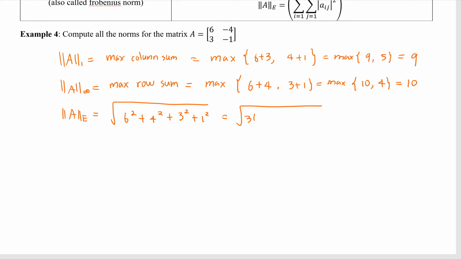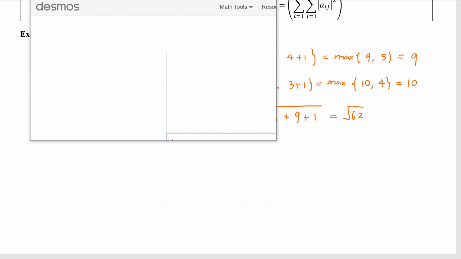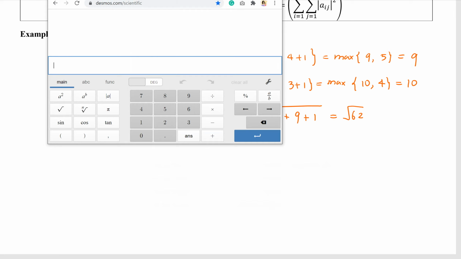So we have 36, 16, 3 squared is 9, and then 1. 36 plus 16 is 52, plus 9 plus 1 is 10, and that gives 62. So far, so good, everybody. What is the square root of 62? Let's calculate it so that it's easier for us to compare. The square root of 62 is 7.87401.